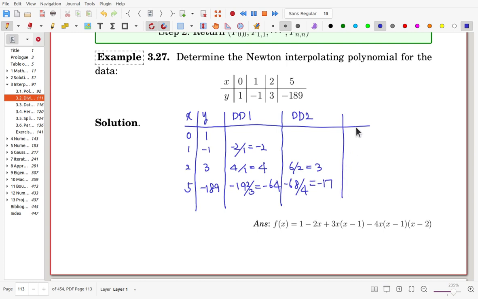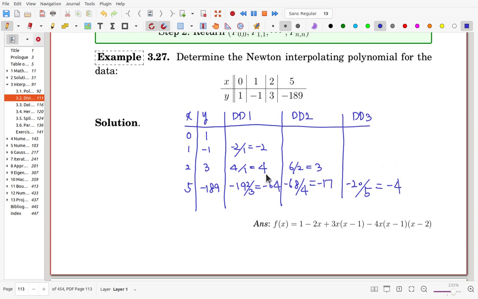Now we reach the final one, DD3. The difference is minus 20, and the jump is 5 minus 0, which is 5, so that is minus 4.